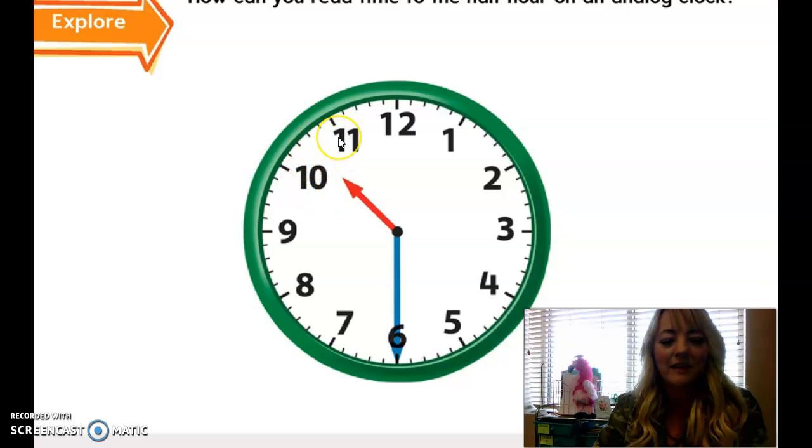So you would not say 11 because that's greater. You would say 10, that's less. 10:30, with the minute hand pointing straight down to the 6. That means it's half past 10 or 10:30. 2 ways to say it.